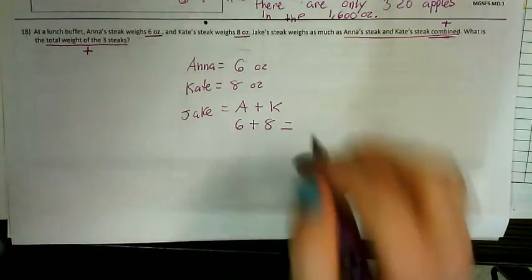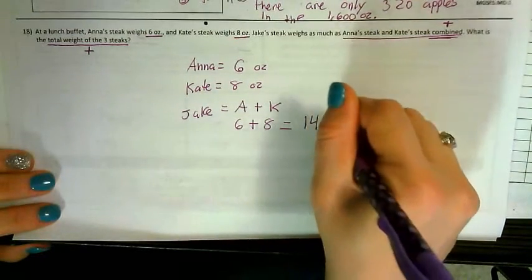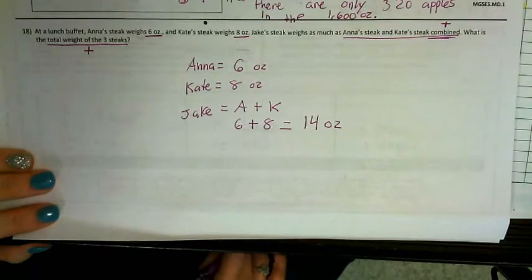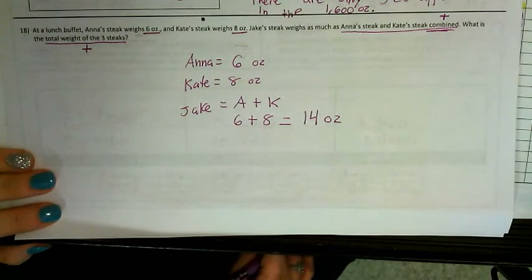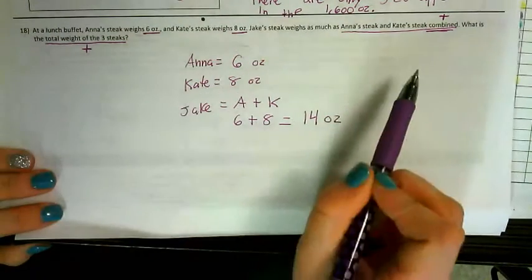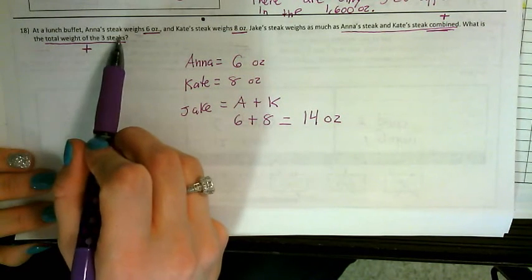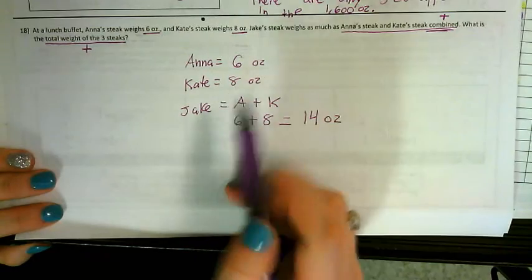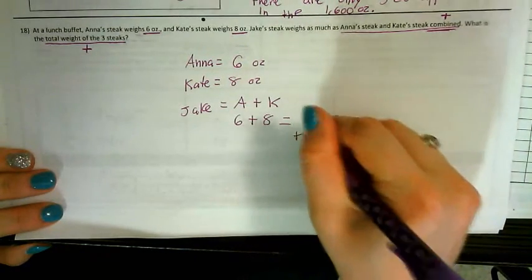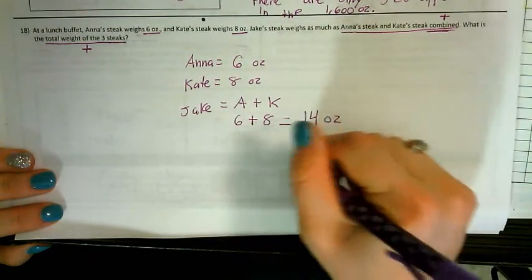I know that 6 plus 8 equals 14. So Jake's steak must weigh 14 ounces. But it doesn't ask me how much Jake's steak weighs. It asks me what is the total weight of the 3 steaks. So I need to add all these up. So I need to add 14 plus 6 plus 8.